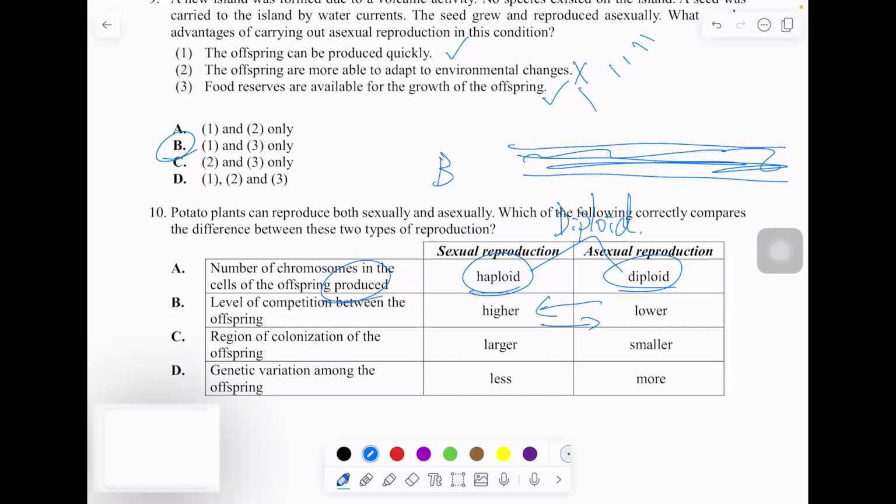And on the other hand, for genetic variation, asexual reproduction should have less genetic variation among the offspring because it is developed from somatic cells. So therefore, the answer should be C. The answer should be C.